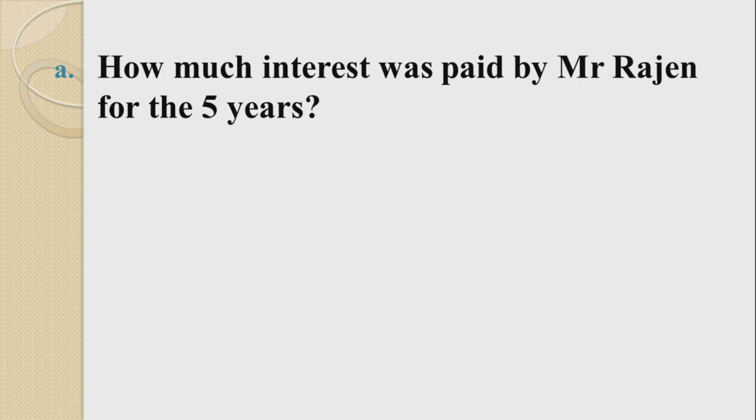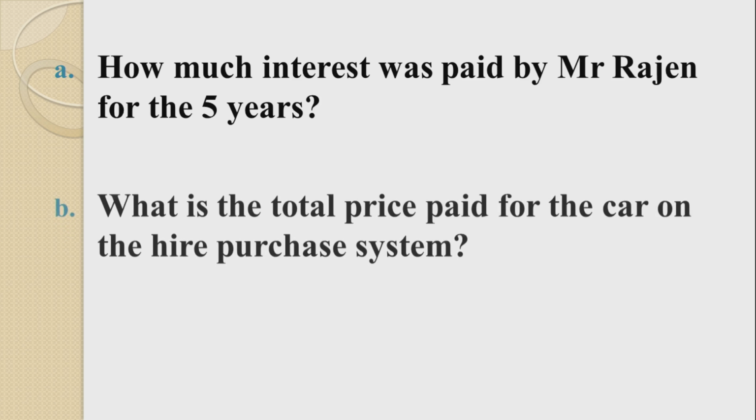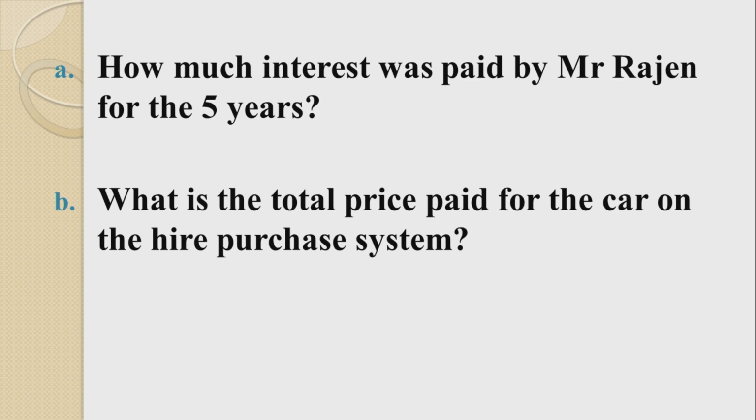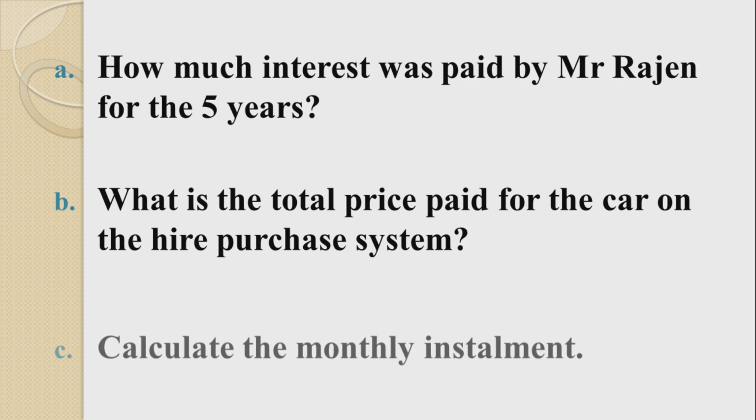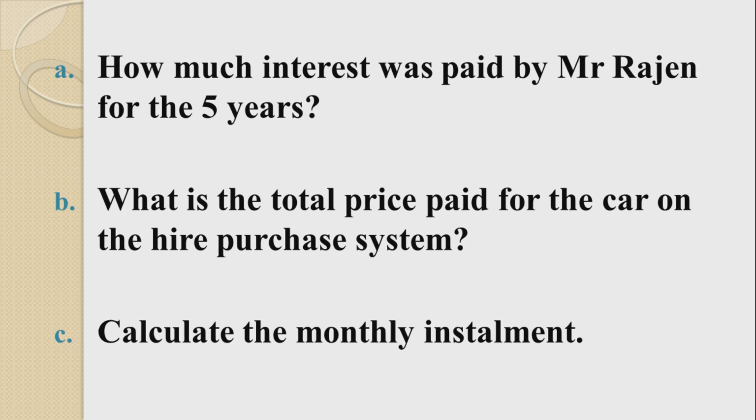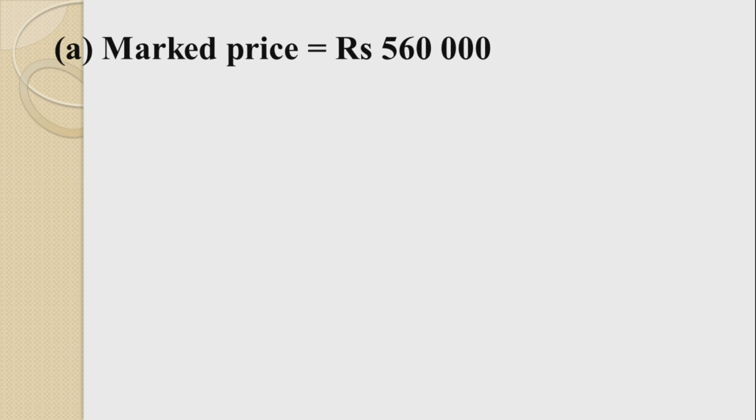The questions are: how much interest was paid by Mr. Rajan for the 5 years? What is the total price paid for the car on the hire purchase system? Calculate the monthly installment. The solution now.